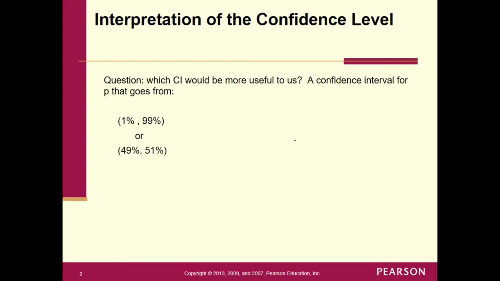Let's see, the first one, the one that goes from 1% to 99%, as long as you tell me that you're making a confidence interval for the population proportion P, I don't even probably have to know how that's being defined in the problem, because I'm pretty much almost guaranteed that the population proportion P is going to be between 1% and 99%, and I didn't have to do any kind of study or anything, right? So clearly, the second one that goes from 49% to 51% is much more useful to us, okay?